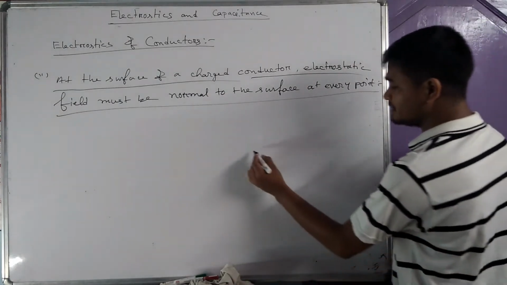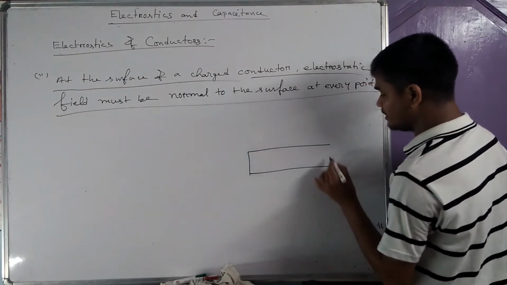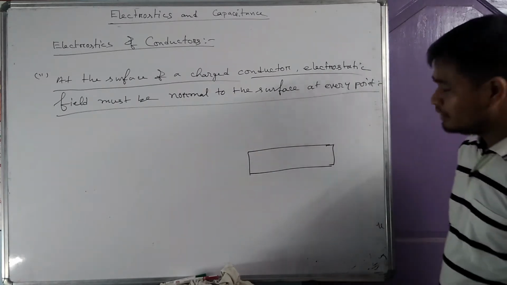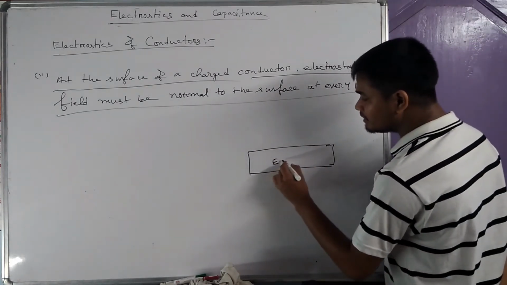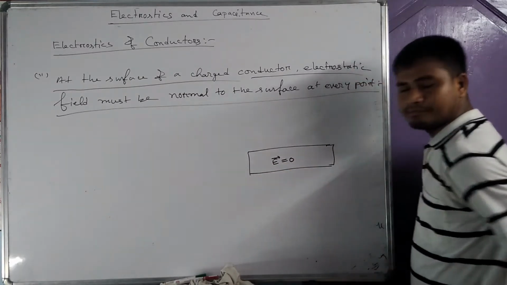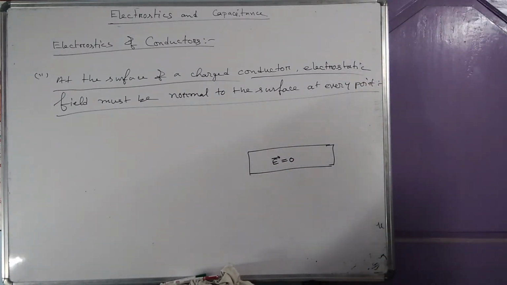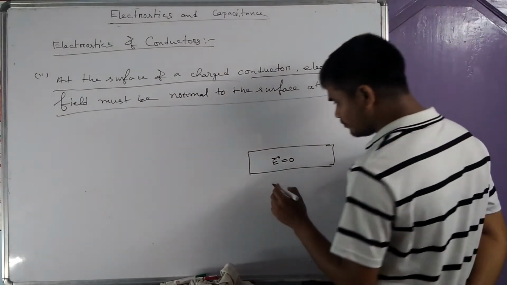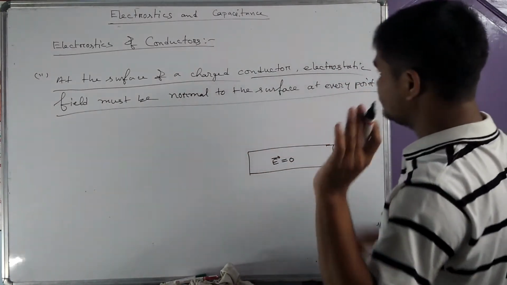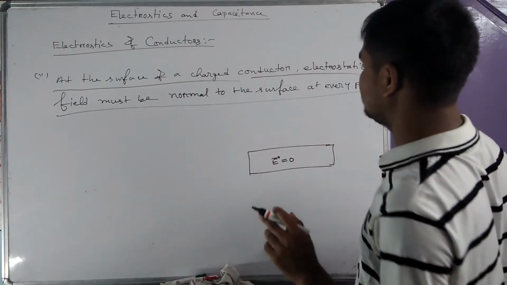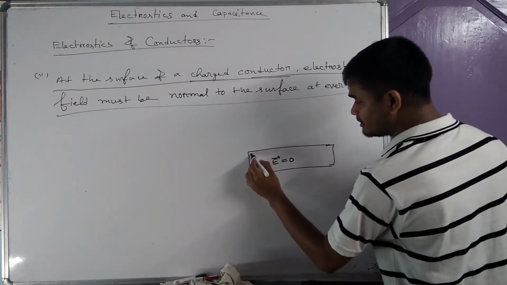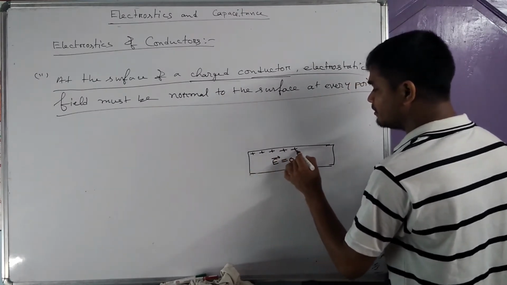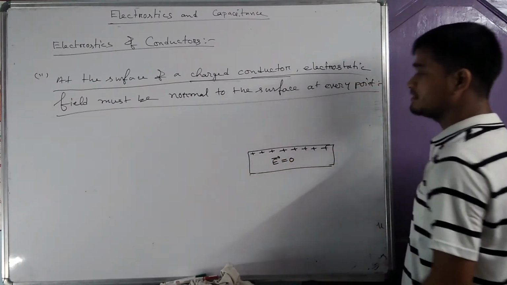Okay, let us consider this is a conductor. We already knew that inside the conductor electric field is 0. Now at the surface of the charged conductor, let us consider this is a positively charged conductor.